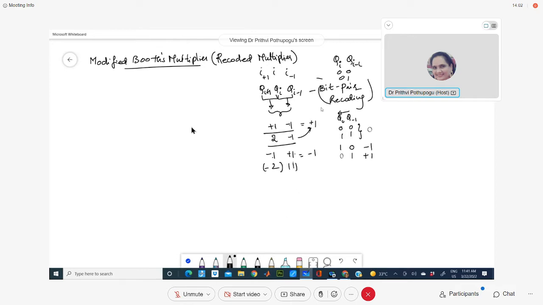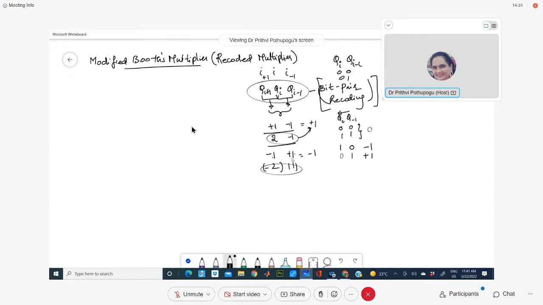So the bit pair recoding will be done based on this evaluation. Recoding will be done with 3 consecutive bits, taking 2 bits at a time, with the bit values both 0 or both 1 taken as 0. 0 to 1 will be minus 1, 1 to 0 will be plus 1.